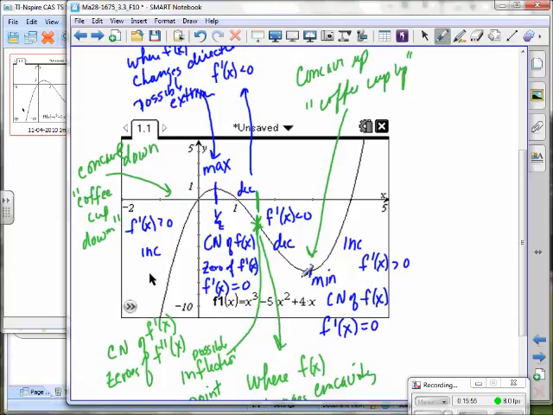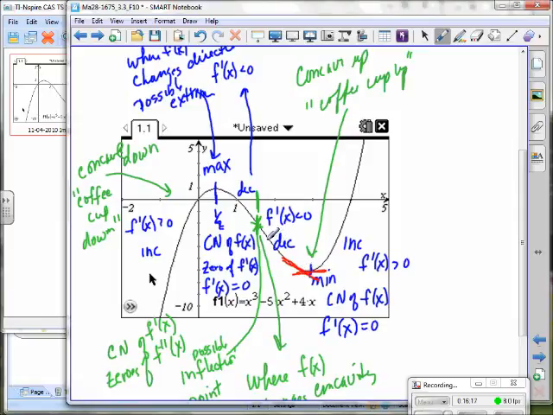Let's consider, what's the first derivative right here? 0. What's it right here? Just take a guess. -1? Okay, it's negative, right? Which is greater, 0 or -1? 0, right?